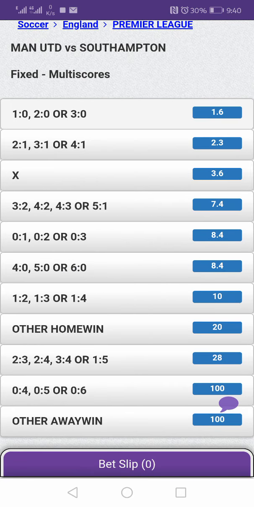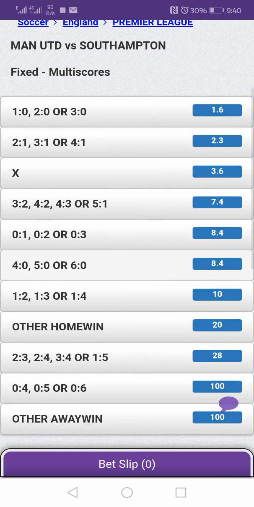You can see it continues from 3-0 to 4, 5, 6. If you think they will score at least 4 or 5 but the other team won't score, you select this one. You can see the odds are so high there, because it's so rare to find a team scoring so many goals and the other one not scoring.